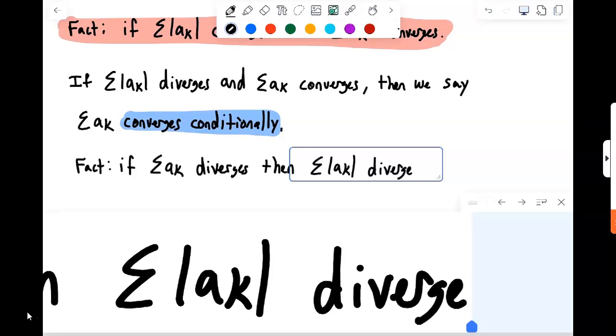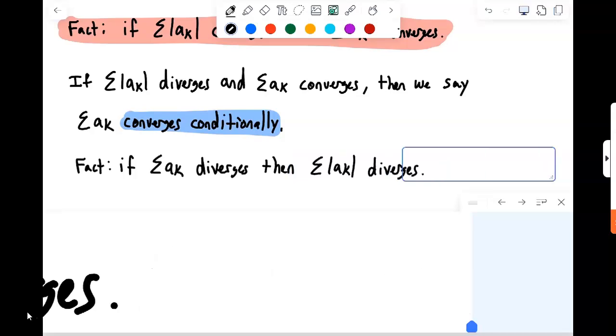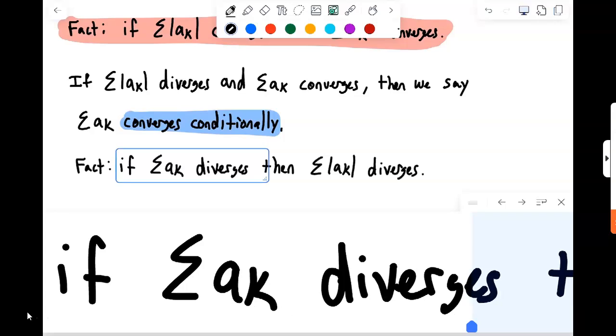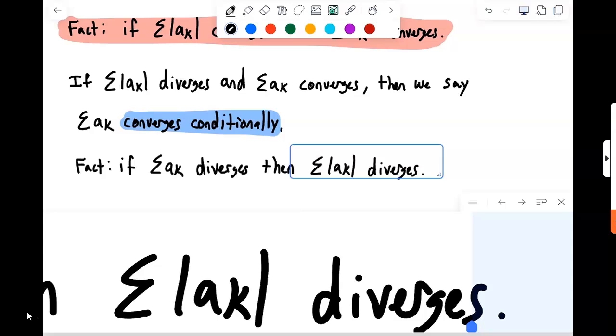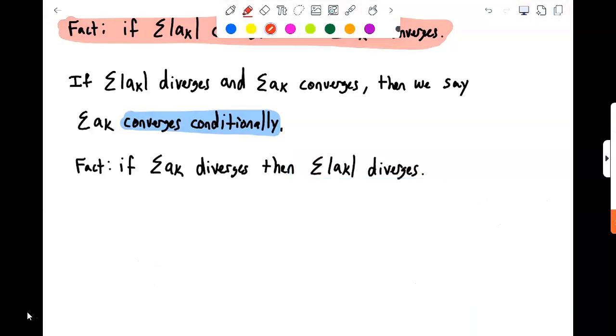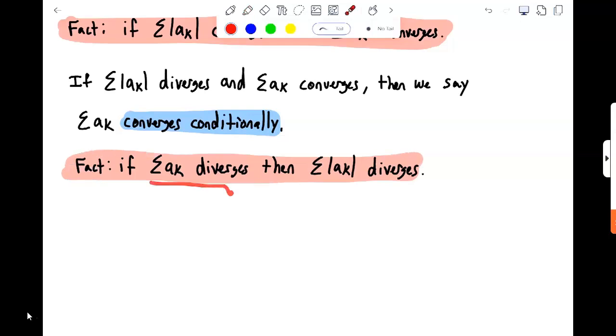So it gives us another way of checking things. If the a_k series diverges, then when we do the absolute value, it's going to diverge as well. So that's another little test here. If the alternating one, or whatever it is, diverges, then the absolute value series is going to diverge as well.